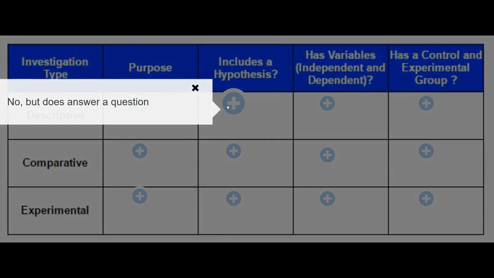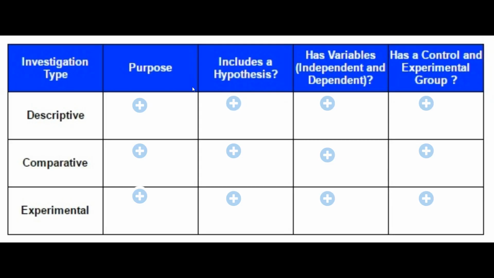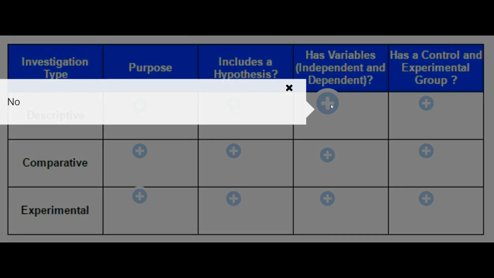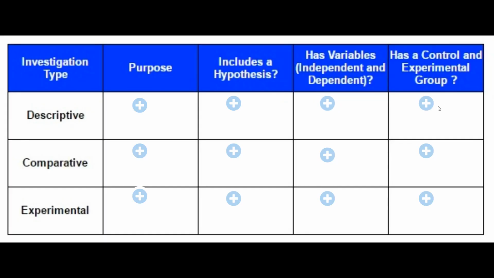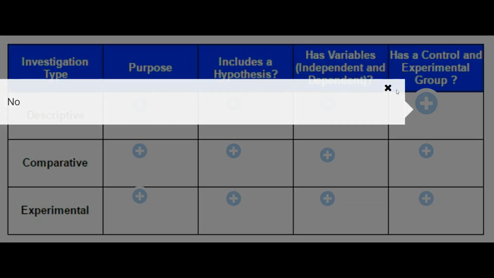It doesn't include a hypothesis because we're not answering a question. You're literally just observing something, just like the student was observing the amoeba. They're not answering any question, they're just observing it. So since there is no hypothesis, it's really not an experiment. So there isn't any independent and dependent variables, and it doesn't have a control group or experimental group.